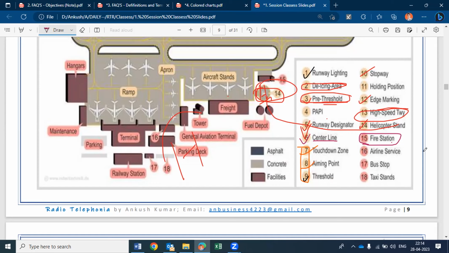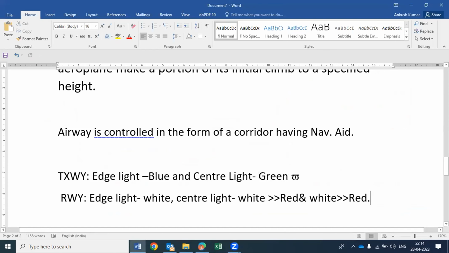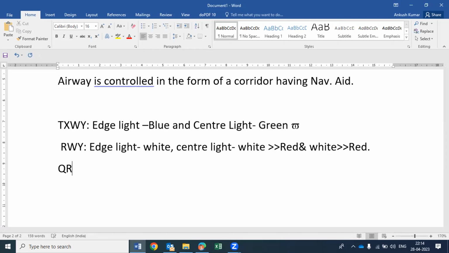These four things airport shall always have. QRT means quick response team. Follow me: अगर आप कहीं रास्ता भटक जाओगे on airfield, on an airport, कुछ भी guidance चाहिए, you can call follow me.